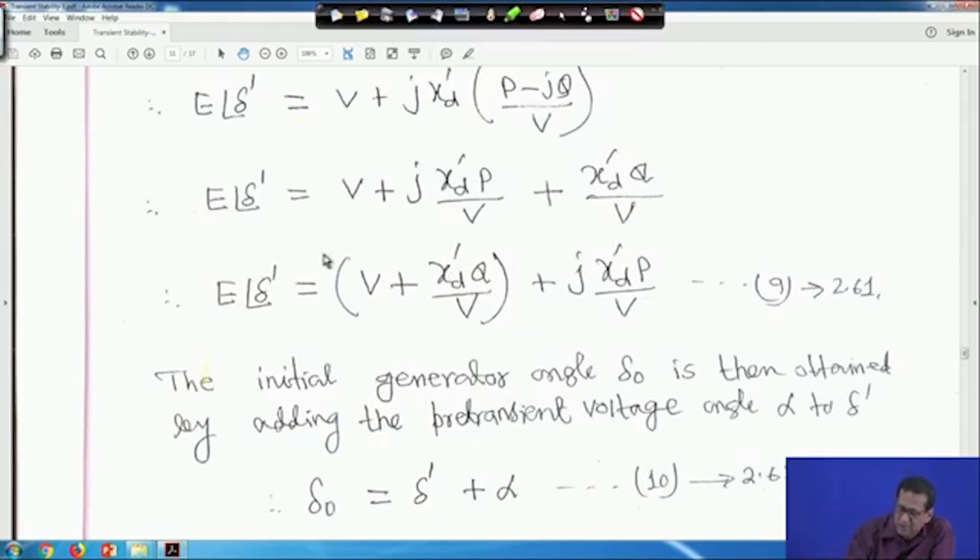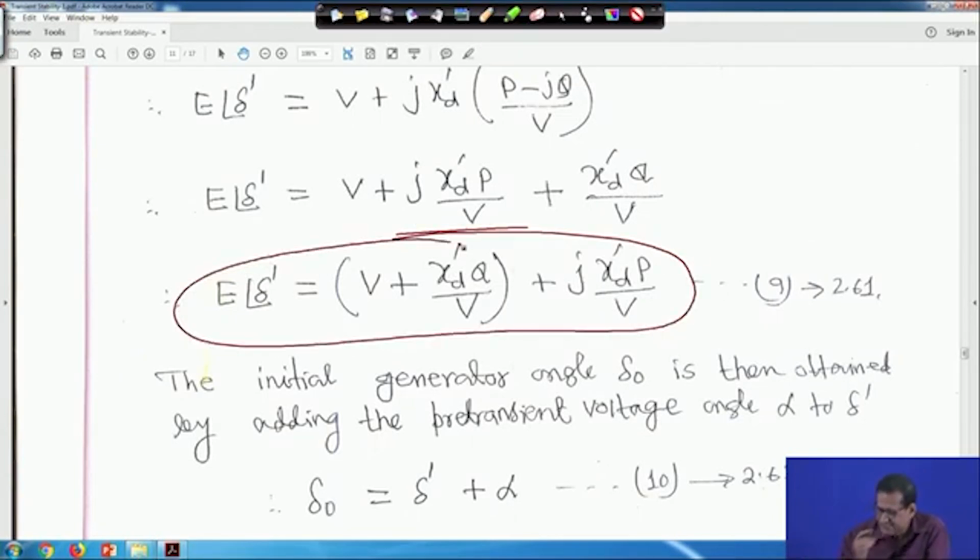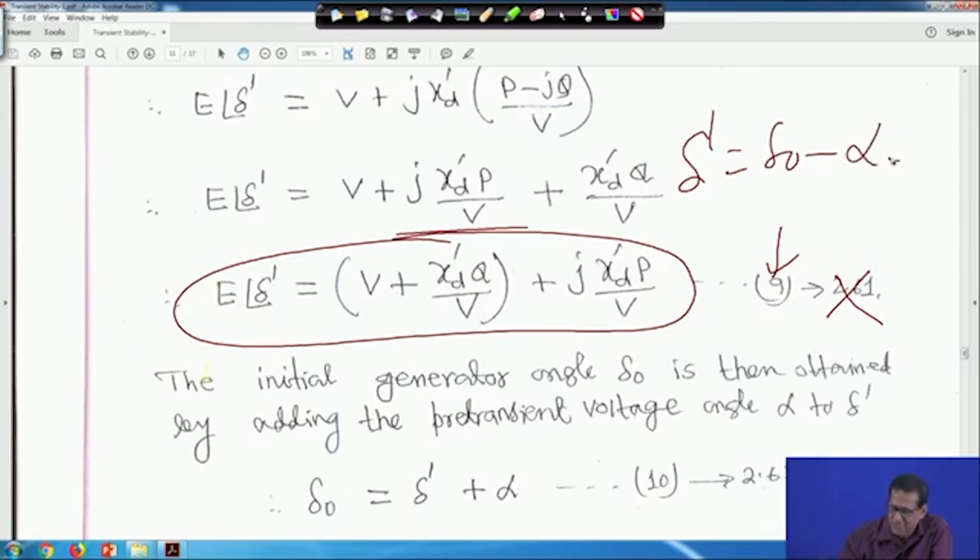This formula we need for computing the E value. Later we will see it when we take up some problem. So, this is our equation 9, right, and earlier I told you that delta dash will be equal to delta 0 minus alpha, that means my delta 0 will be delta dash plus alpha.